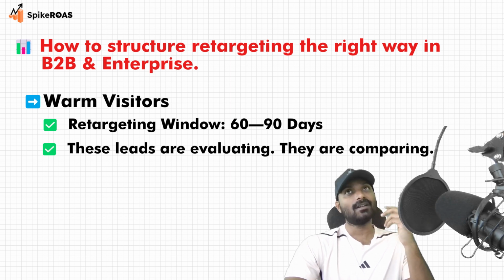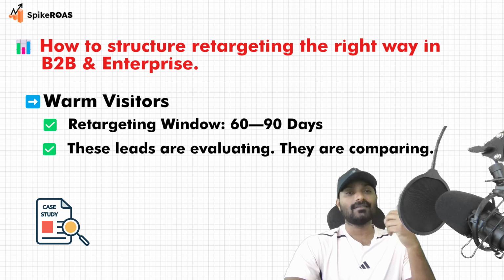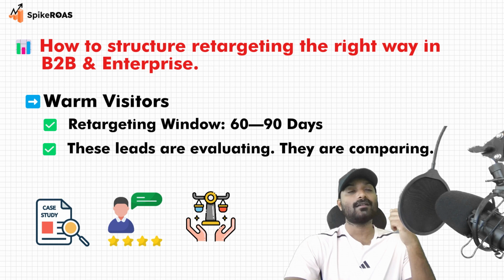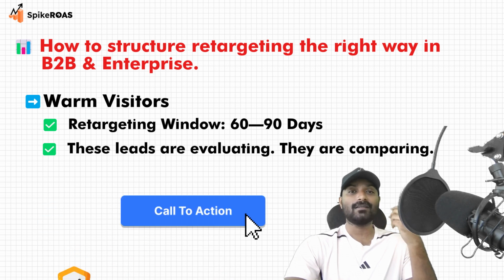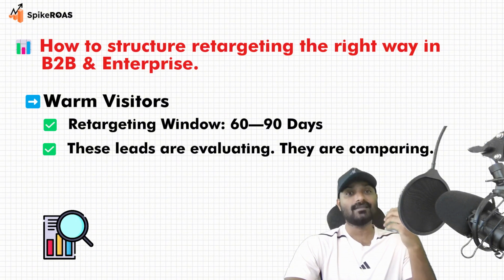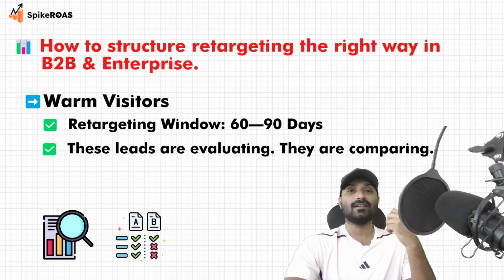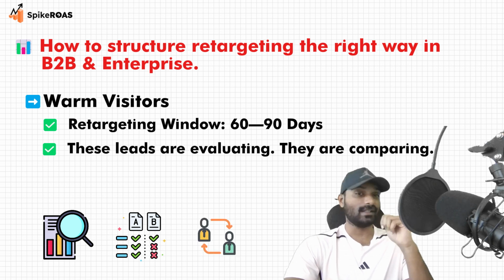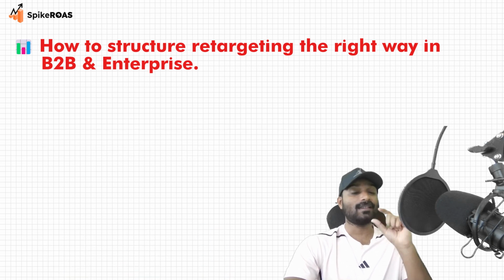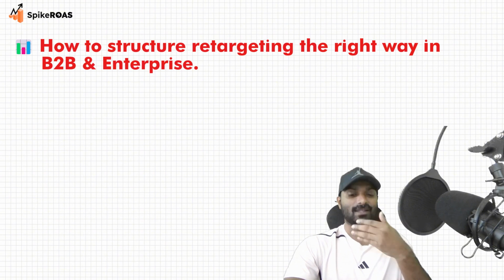So show them content like case studies, testimonials, industry benchmarks, and CTAs here should be trust focused. That should be around see results, compare options, why you should switch, all these kinds of CTAs. So this stage is very important. So be sure of what exactly you are giving them to consume.